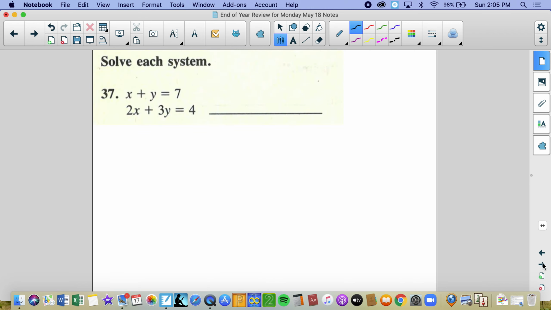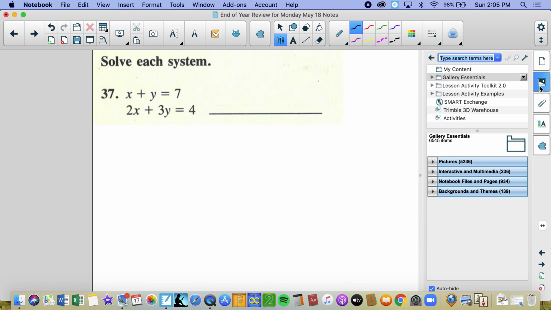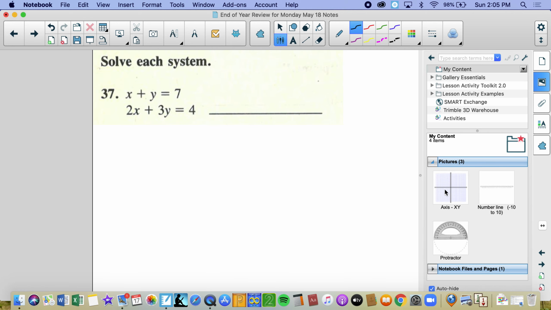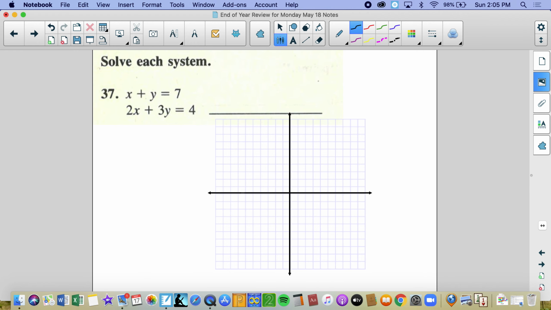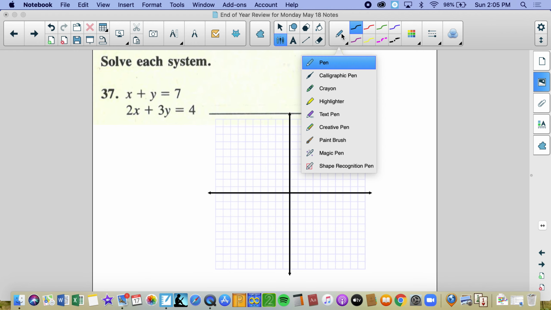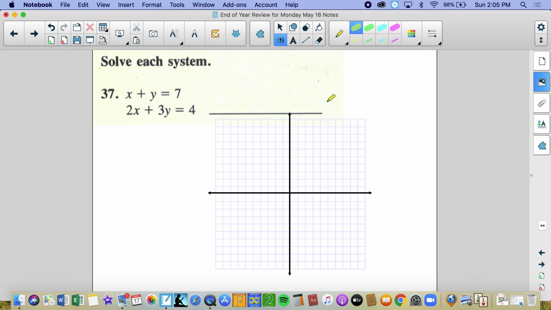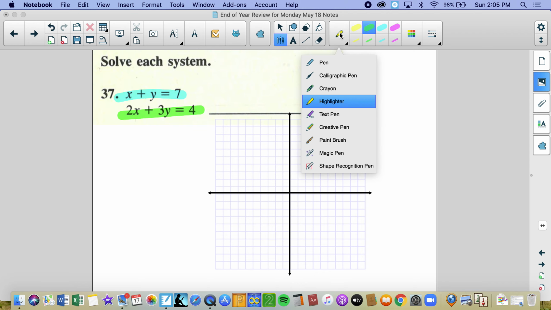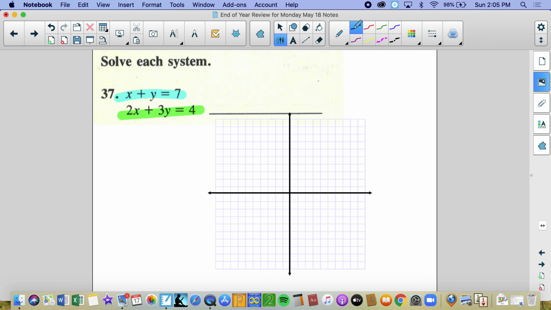Solve each system. So there's a number of ways we can do this. We could graph it. Let's see what happens when we graph it. I haven't done this yet, but we're going to plot each one. Remember, this may not work because the solution to the system of equations is always an intersecting point, a point of intersection.